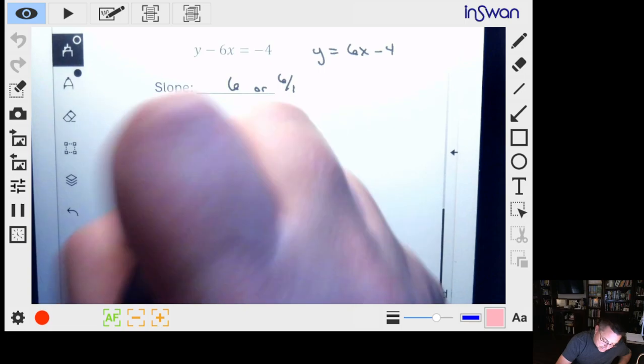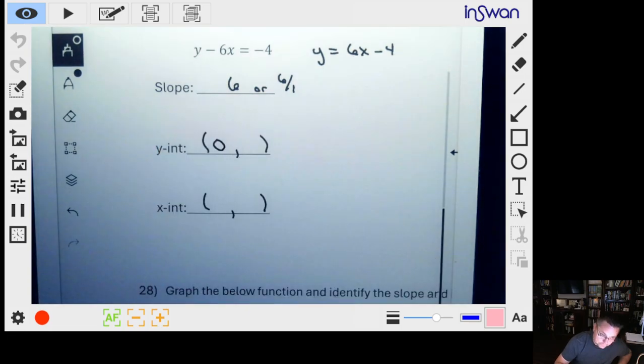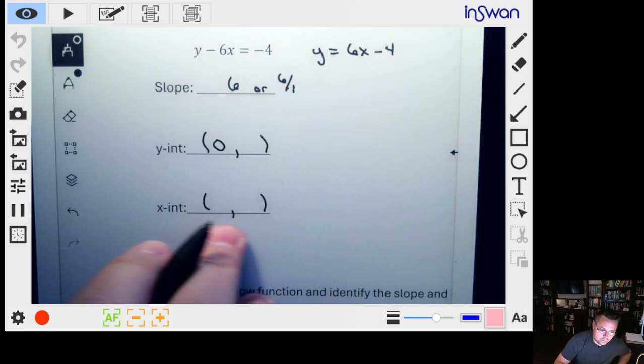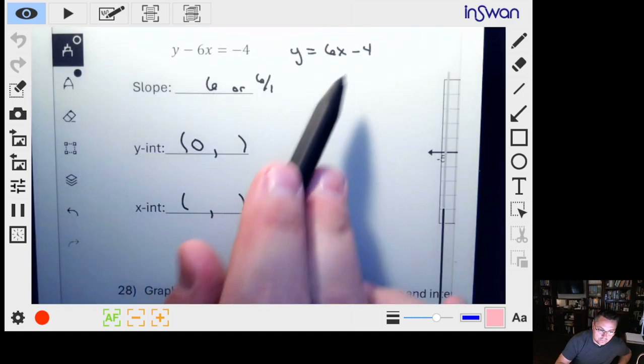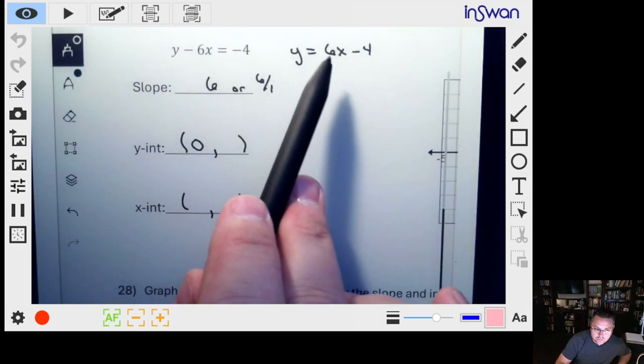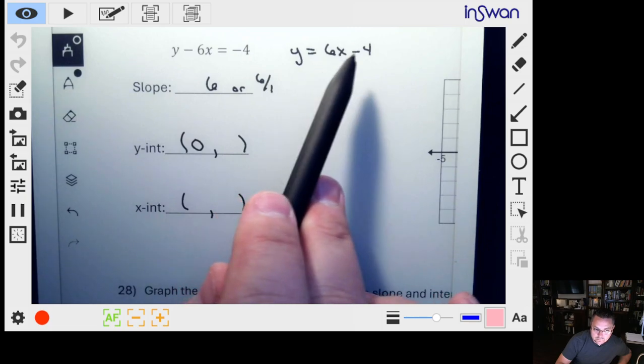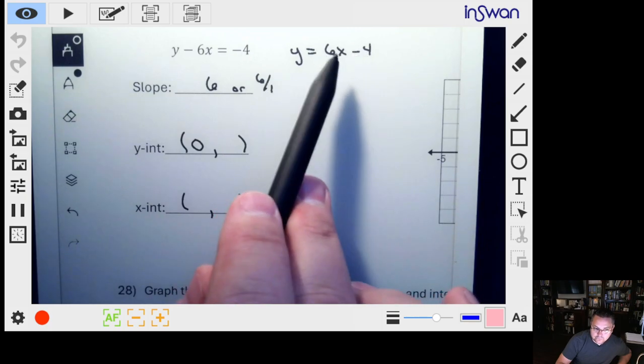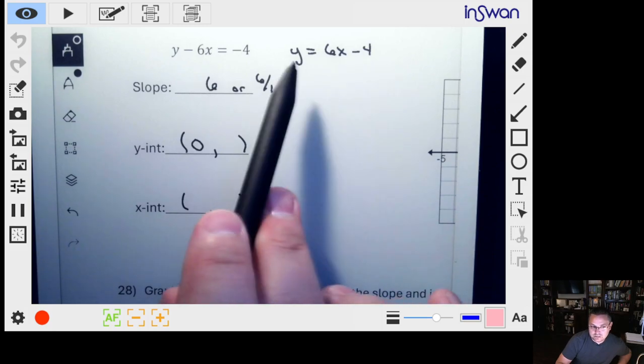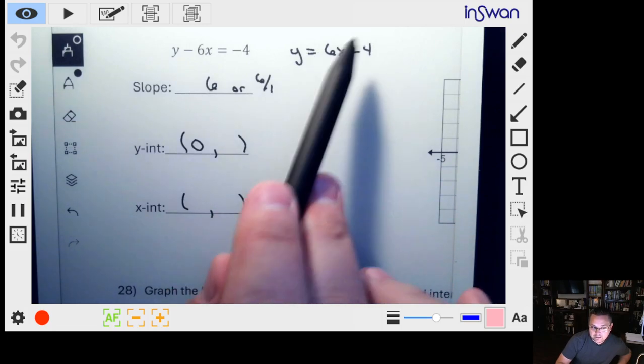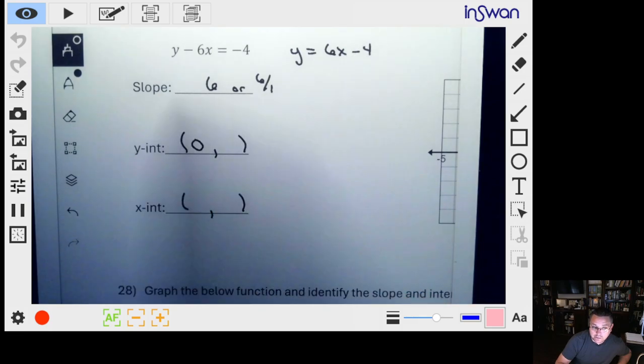So the y-intercept will have an x value of 0. Well, if we know that x is 0, we can plug it in. And so 6 times 0 minus 4, well, that's 0 minus 4, just negative 4. In fact, this back number always tells us what the y-intercept is.